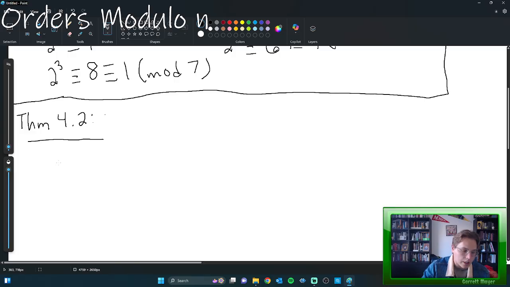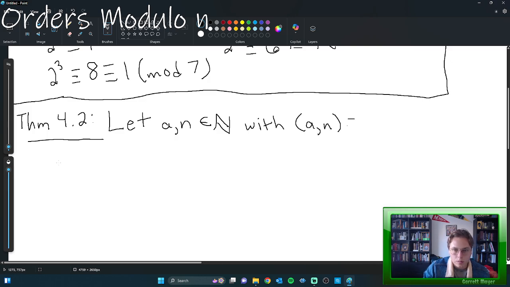This theorem states, let a and n be natural numbers with the GCD of a and n being 1. Then the GCD of a to the j and n equals 1 for any natural number j.